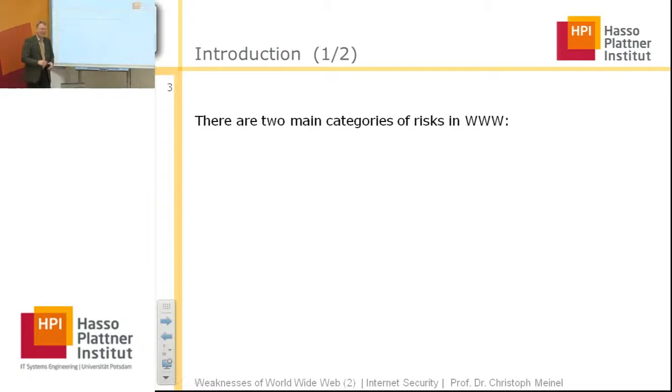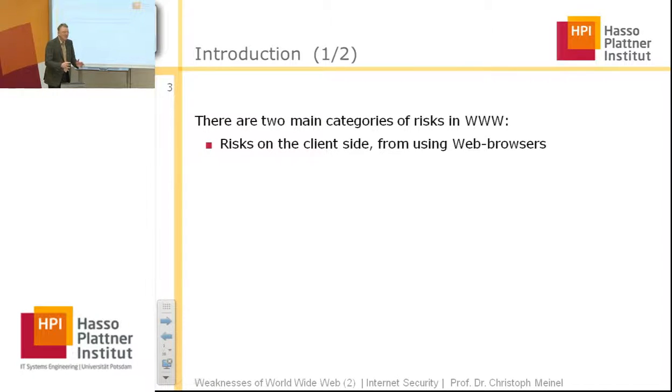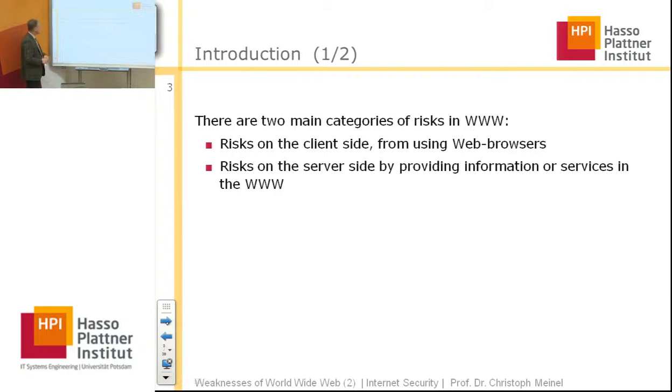We can distinguish between risk on the side of the client, who is using resources served in the internet, running web applications on his web browser. About the attacks that are possible here, we already discussed.